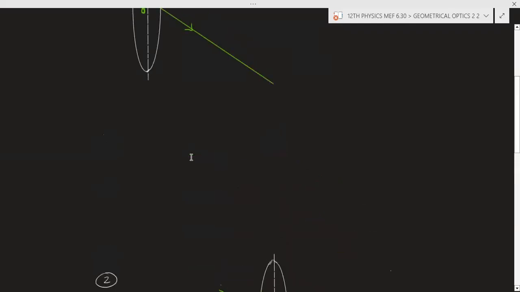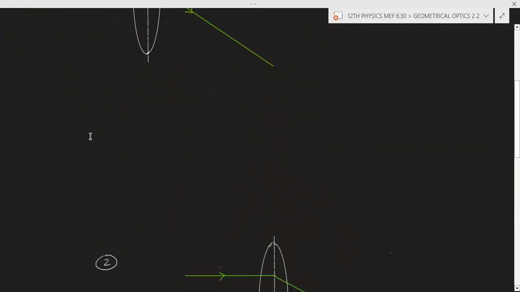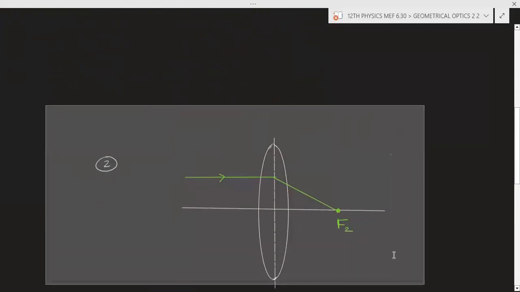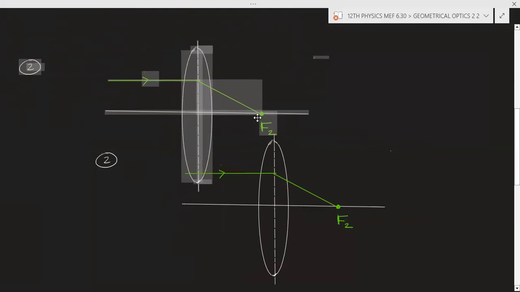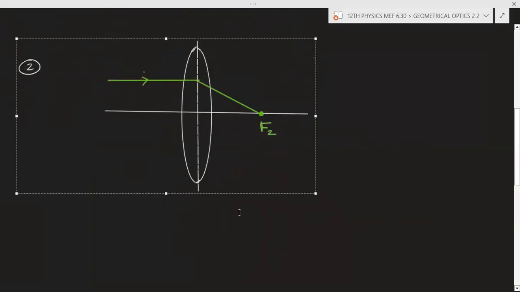For image formation by a convex lens, there is a requirement of only two rules. There is one more rule, but we will not use that.